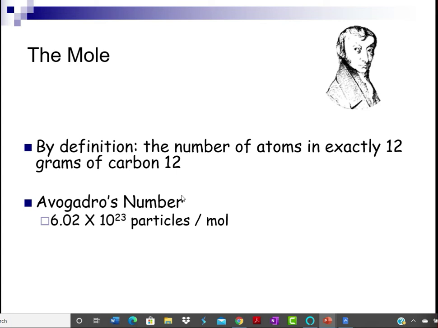Amadeo Avogadro determined that the number of atoms in exactly 12 grams of carbon-12 is 6.02 times 10 to the 23rd. Let's think about how huge that number is.